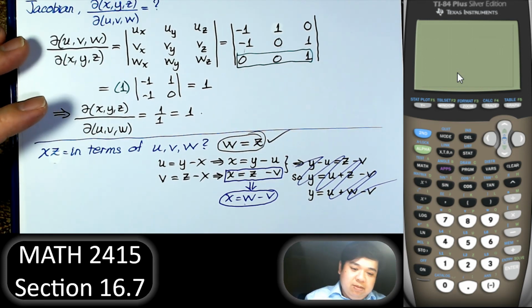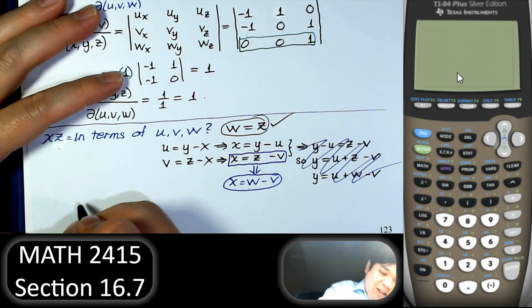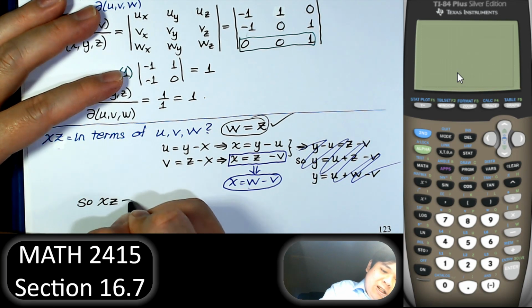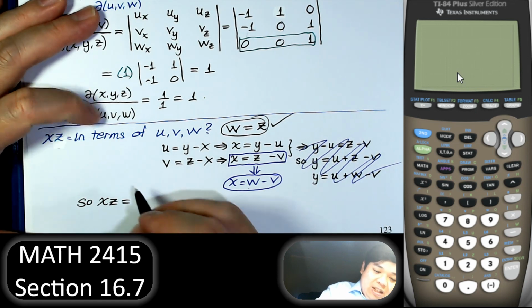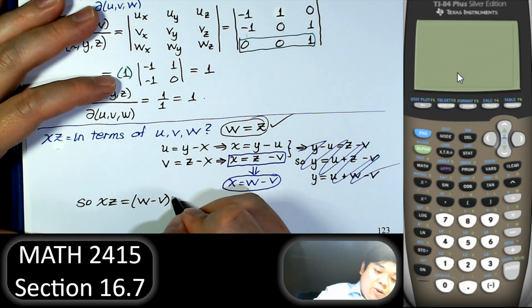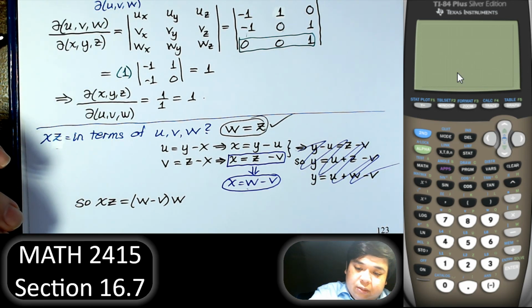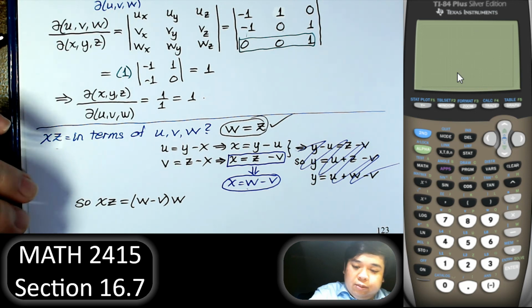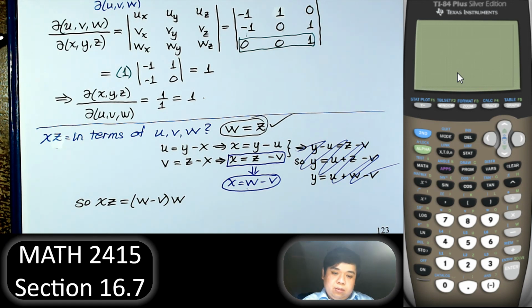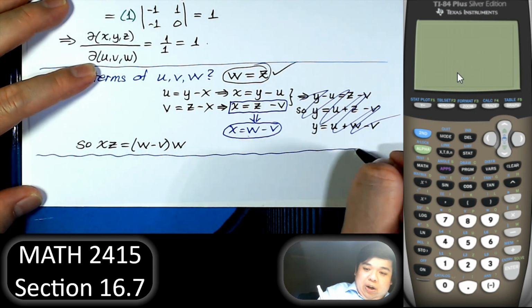So that's it. So xz is equal to: x is equal to w minus v, and z is equal to w. And now we're ready to substitute back into the integral. Luckily, we don't need to evaluate this.